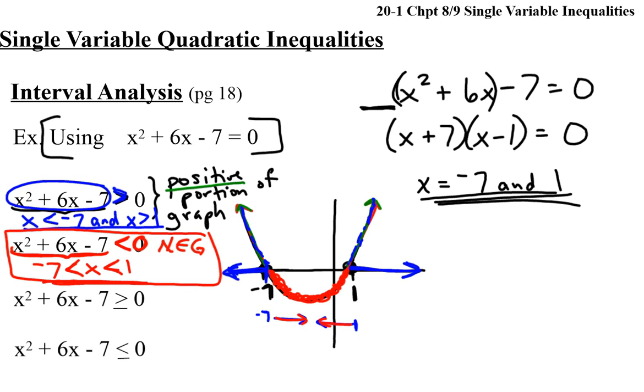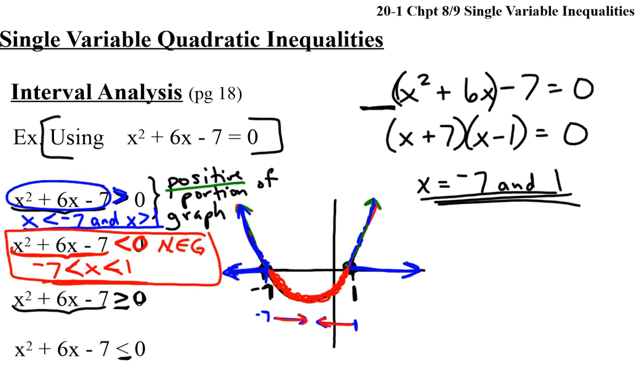Now the last two aren't a lot different except we have equal to. So again, we want to know what part of the graph is greater than or equal to 0. So the positive and 0. So it's not a lot different than what we started with.